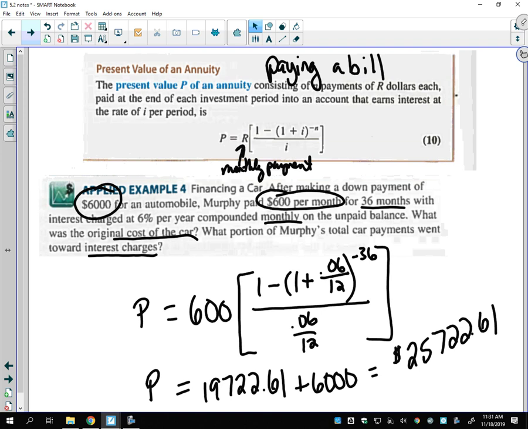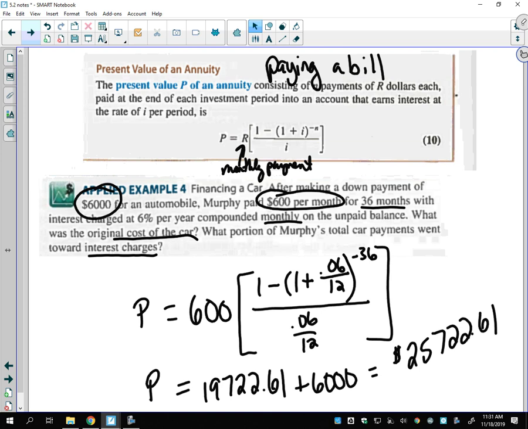He paid $25,722. So that's not how much the car costs. Do you agree with me on that? Because when you borrow money, you pay interest.